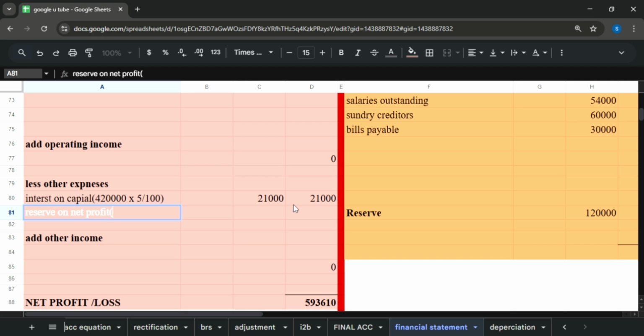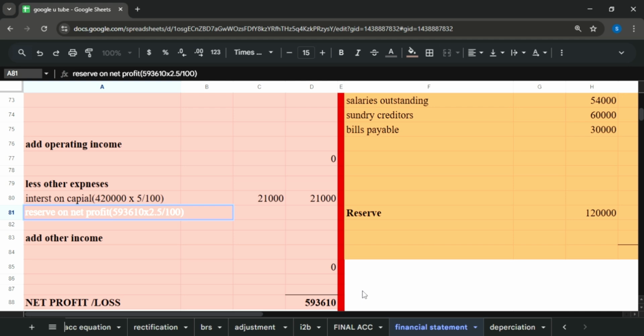How? Look at this. This was your net profit, 593610, and then you will calculate 2.5%.